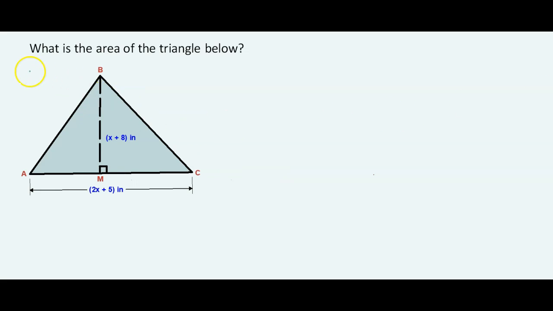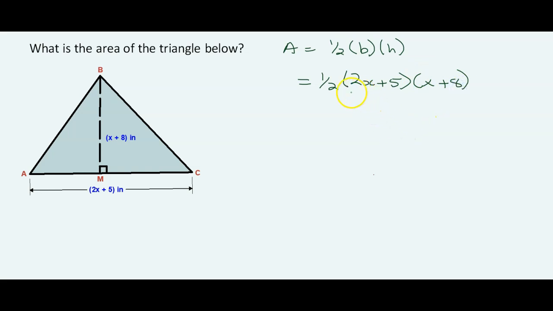The next one we have is, what is the area of the triangle below? The area of a triangle is 1/2 base multiplied by height. So let's substitute. It's going to be 1/2, our base is 2x plus 5, and our height is x plus 8. Let's simplify the expression first and then we divide by 2. So this is 1/2, and I'm going to use FOIL.